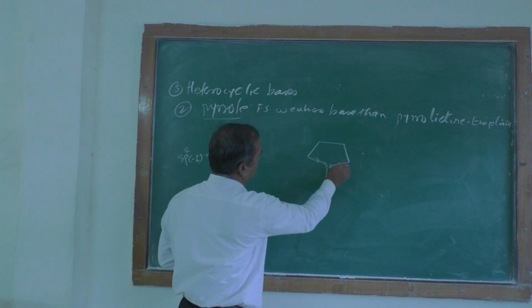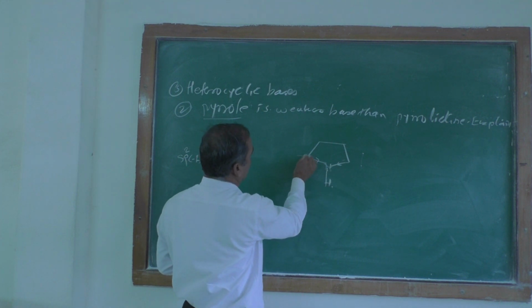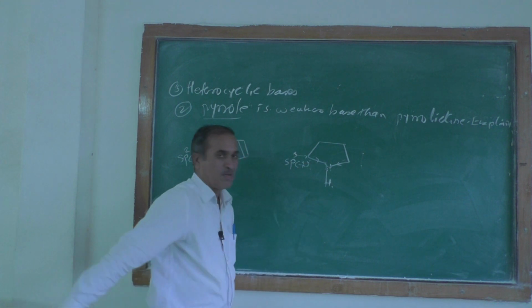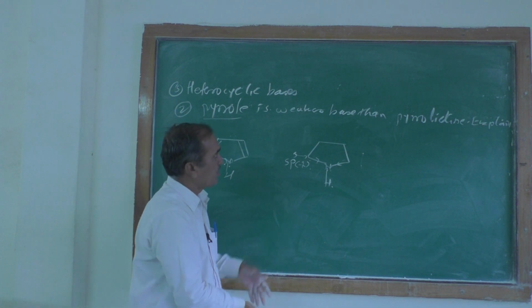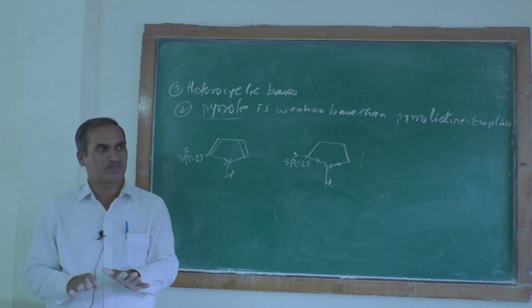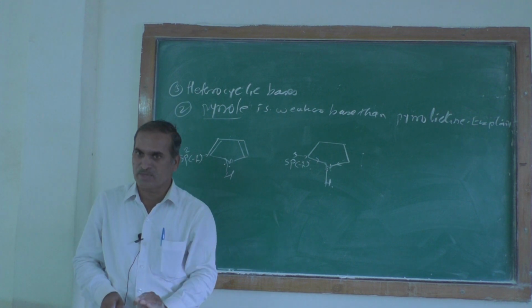Whereas in this case, it is highly basic in nature, because this carbon atom again shows sp3 hybridization and exerts a plus I effect, and therefore it is more basic in nature as compared to pyrrole. In this way we have covered all the applications of the organic bases here.